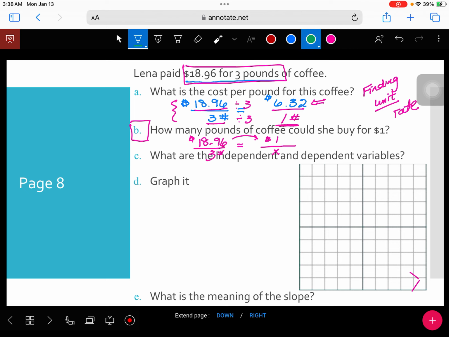Well, you would divide it by $18.96, which means you should be able to take what's on the bottom, the 3 pounds, and divide that also by $18.96. And if you do 3 divided by 18.96, you'll end up with, I think, if I remember correctly, x is equal to 0.15.